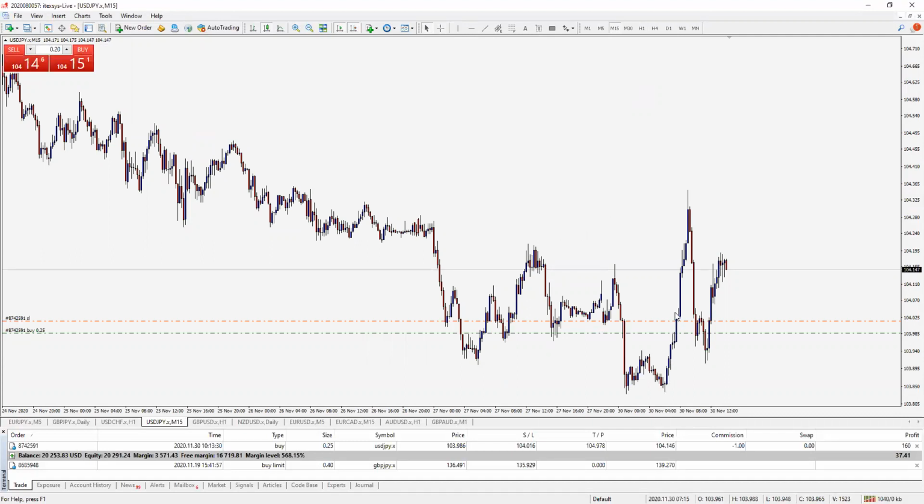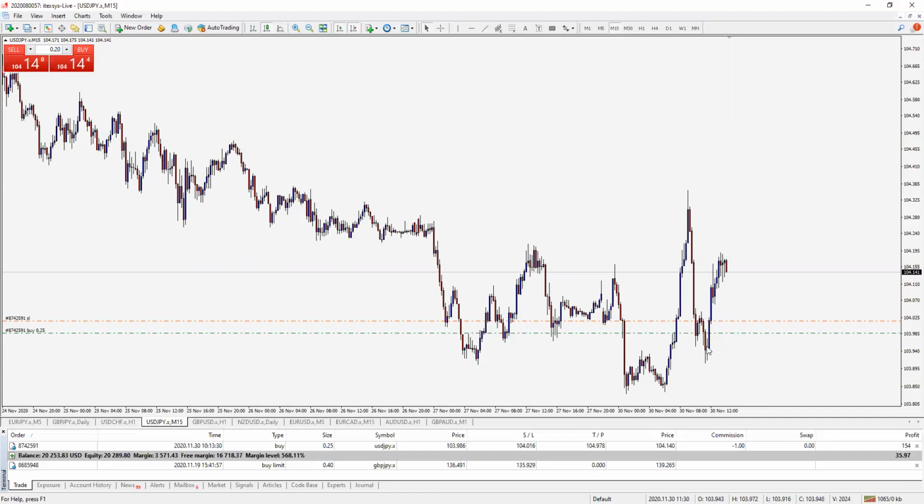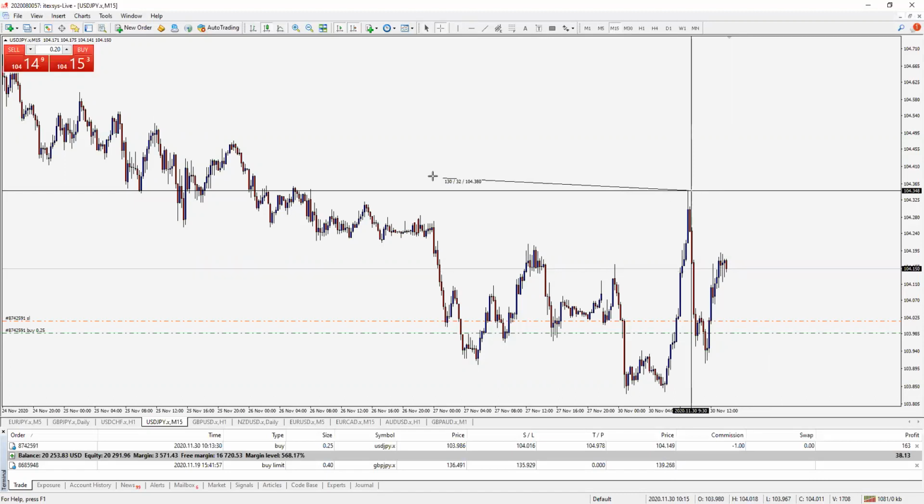By this way up, the price broke out this high, this supply also, and reached that level. Where the price came from when it got back to this level here, it came from this high, this top, which is equal to this level of the price.